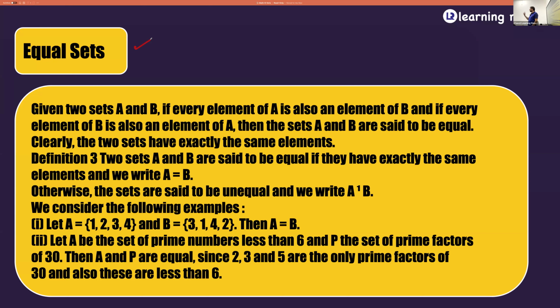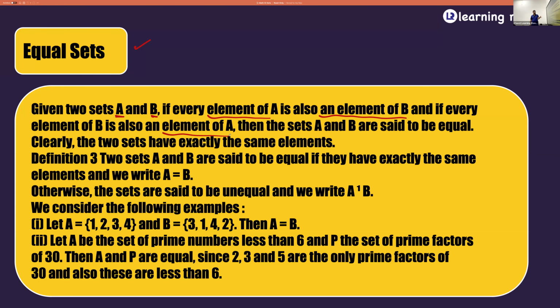So when do you say something is equal? When you have the same number of elements in both the sets and exactly the same elements in both the sets, you call them equal sets. So if two sets A and B are given to you, if every element of set A is also an element of B, and if every element of B is also an element of A, then the two sets are said to be equal.